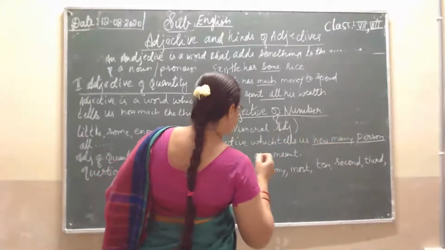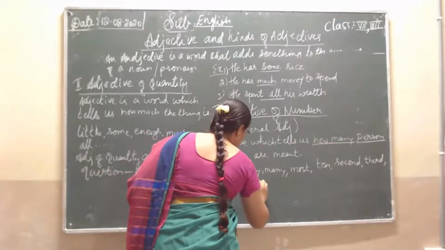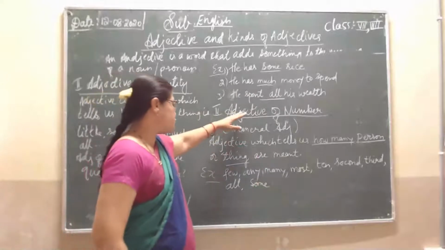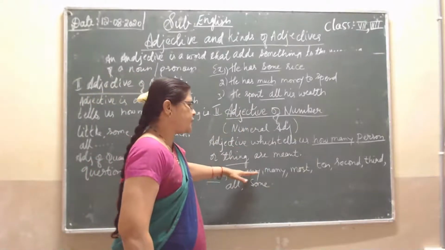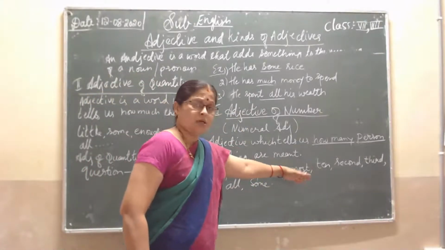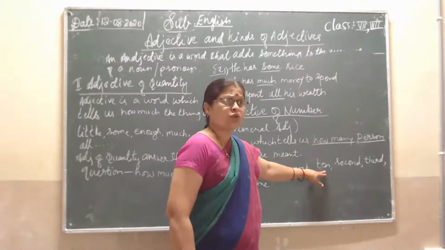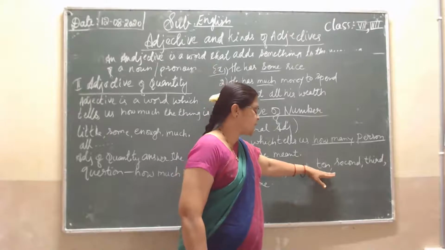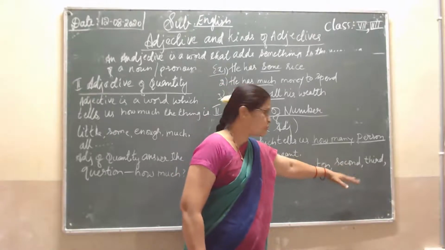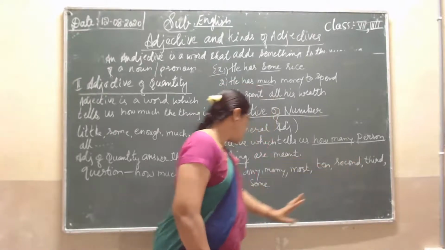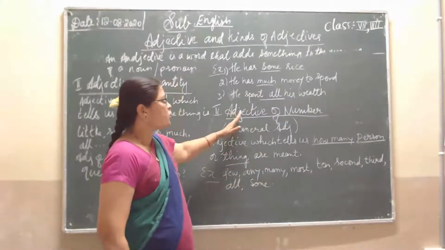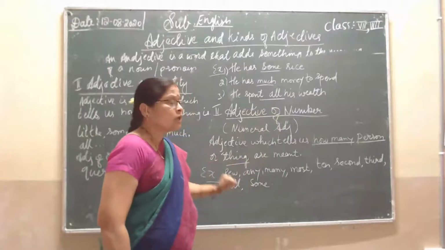Then all, some, etc. So adjective of number examples are few, any, many, most. Don't take it as 10, whatever the number it may be. First, second, third, fourth, fifth, whatever it may be, then all, then some. These are all the examples for the adjectives of number.